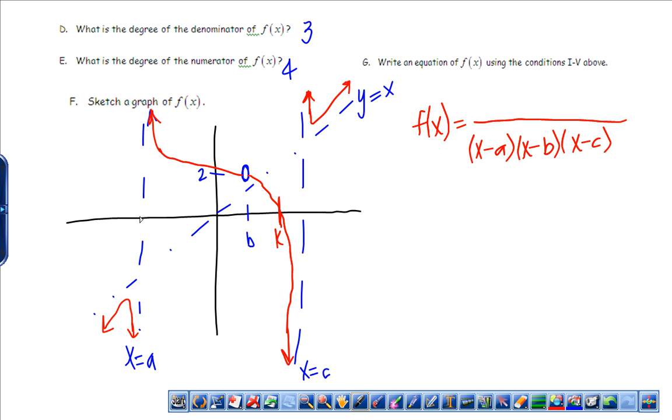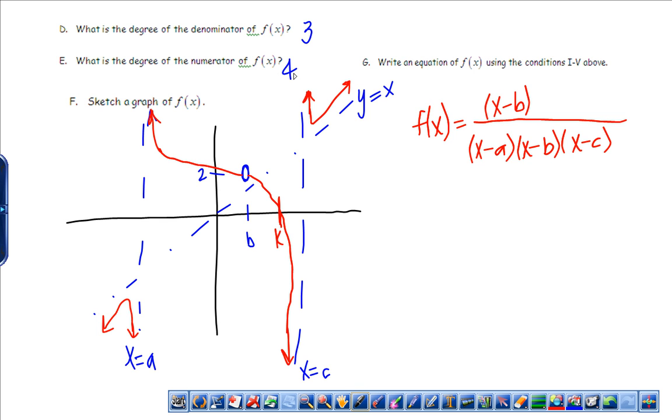The reason I said minus for all of them is that no matter what number I plug in, a positive would make it minus and a minus would make it positive, so I'm going to make them all minus. Because I have a hole at x minus b, remember I have to put that on top as well.